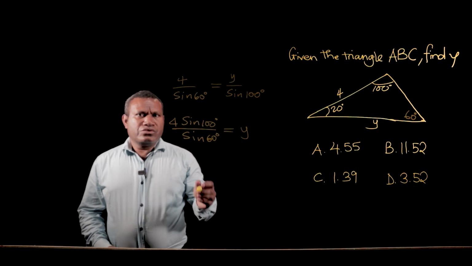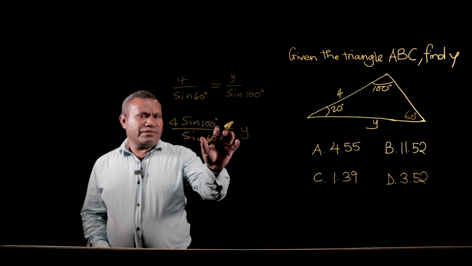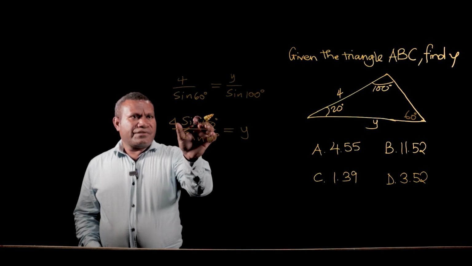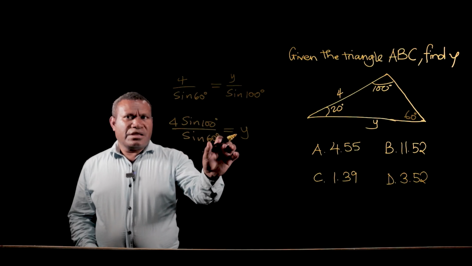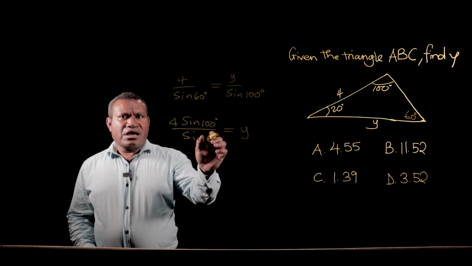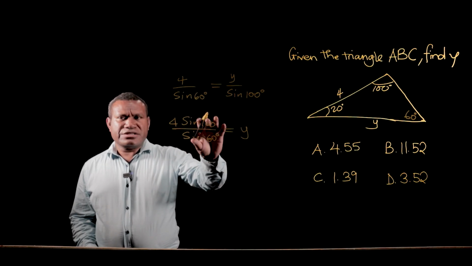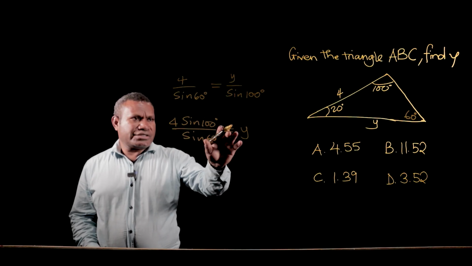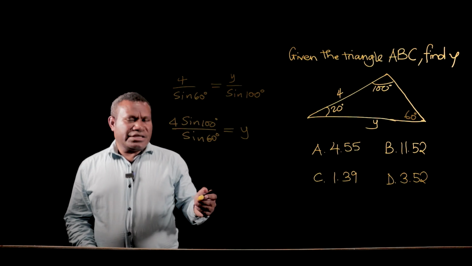Now, once you reach this part, you have to use your scientific calculator to evaluate 4 times sine 100 divided by sine 60. Make sure that your scientific calculator is in degree mode. Sometimes your calculator will be in radian mode, and once you enter this information, it won't give you the correct result. So make sure your calculator is in degree mode.